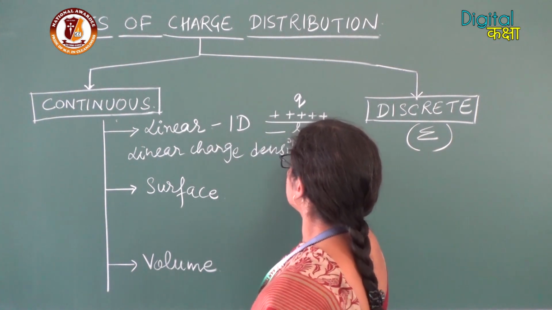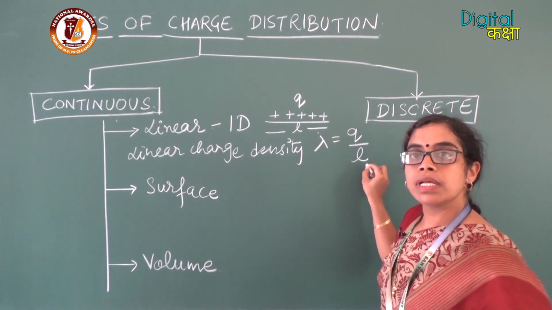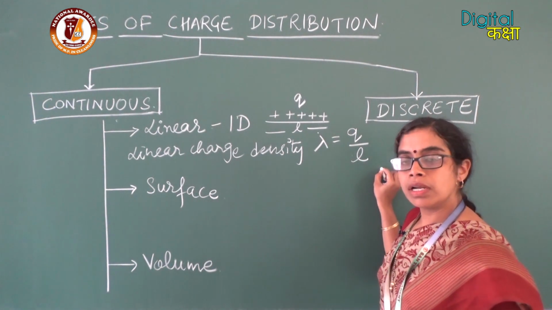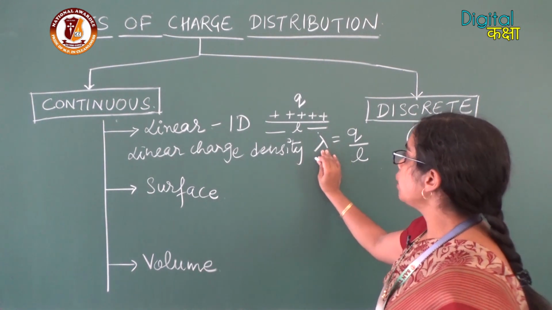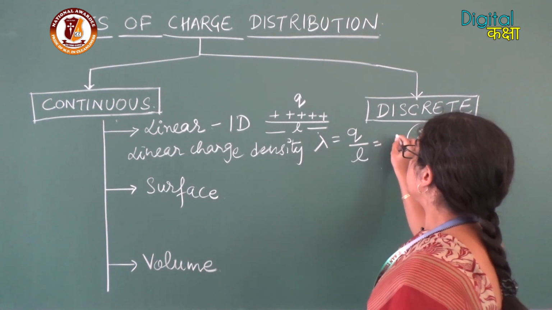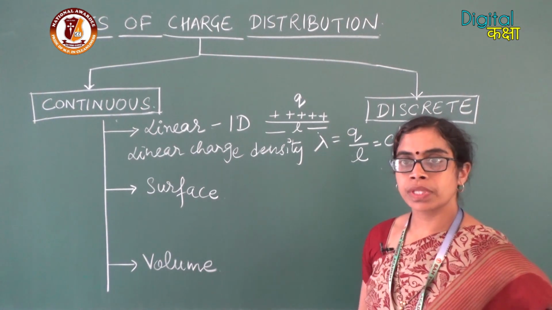This linear charge density is defined as the charge per unit length of the wire or any one-dimensional object. The SI unit for this lambda is coulomb per meter.